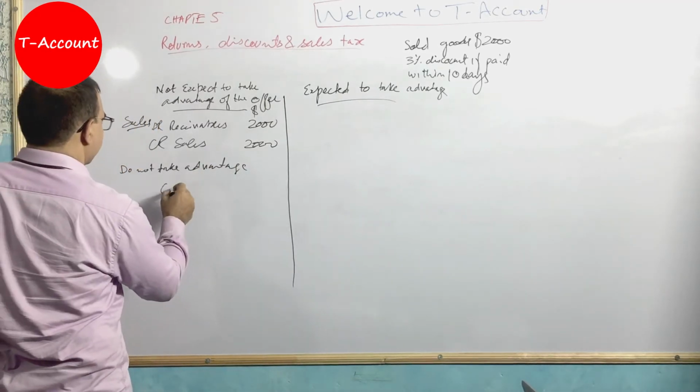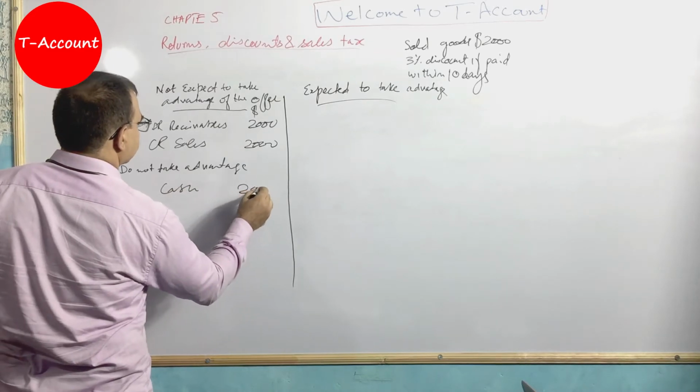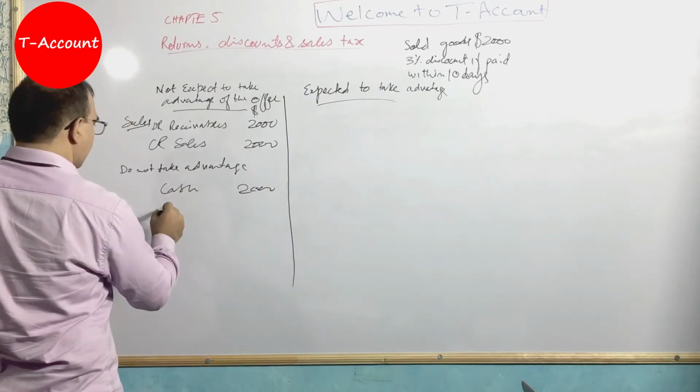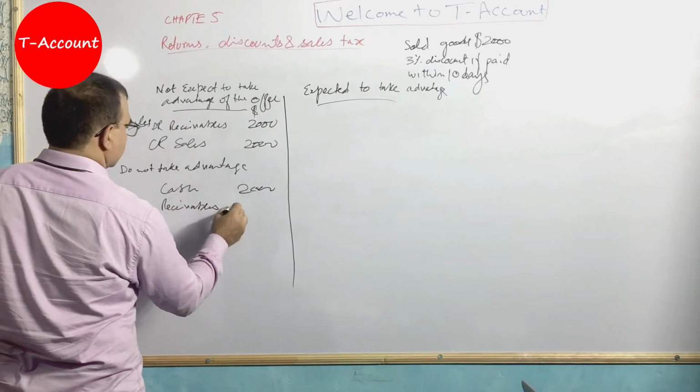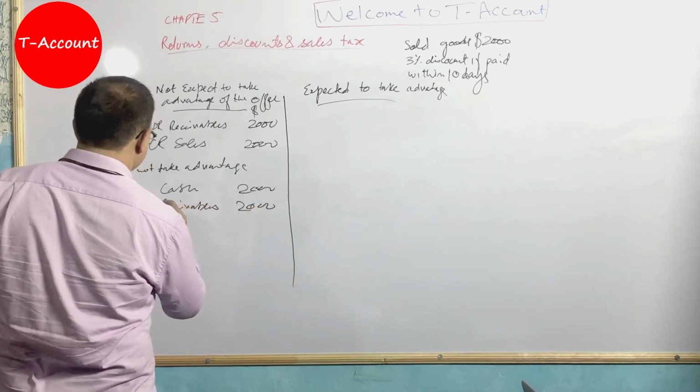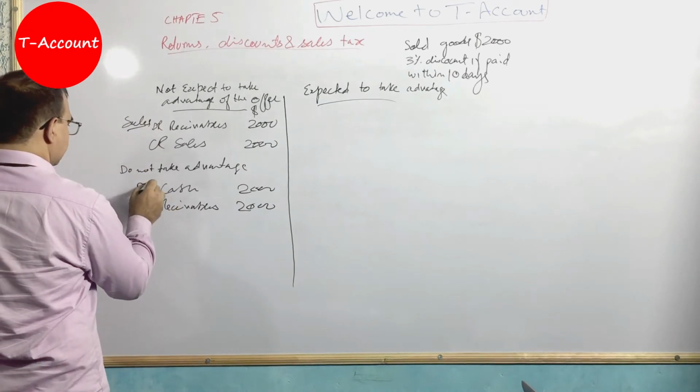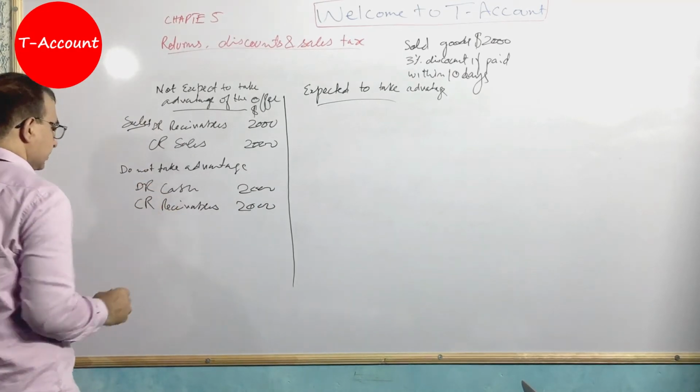Simply you will receive cash of 2,000 and credit receivables of 2,000. Finish. As simple as 1, 2, 3.